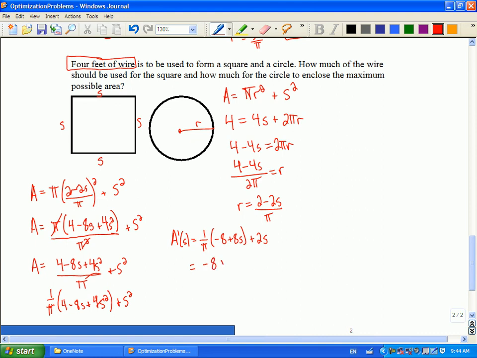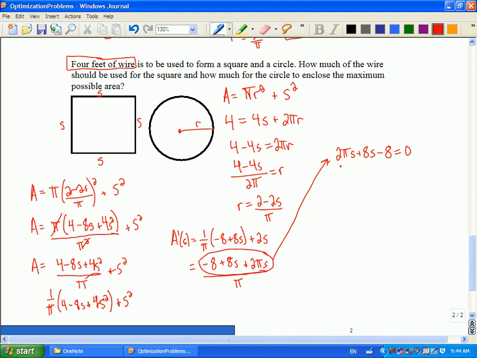Can't let it beat me. Negative 8 plus 8s. You don't need to factor that, but let's see if I can solve that equation here. All I'd be worried about is the top, so I'd be dealing with 2 pi s plus 8s minus 8 equals 0.